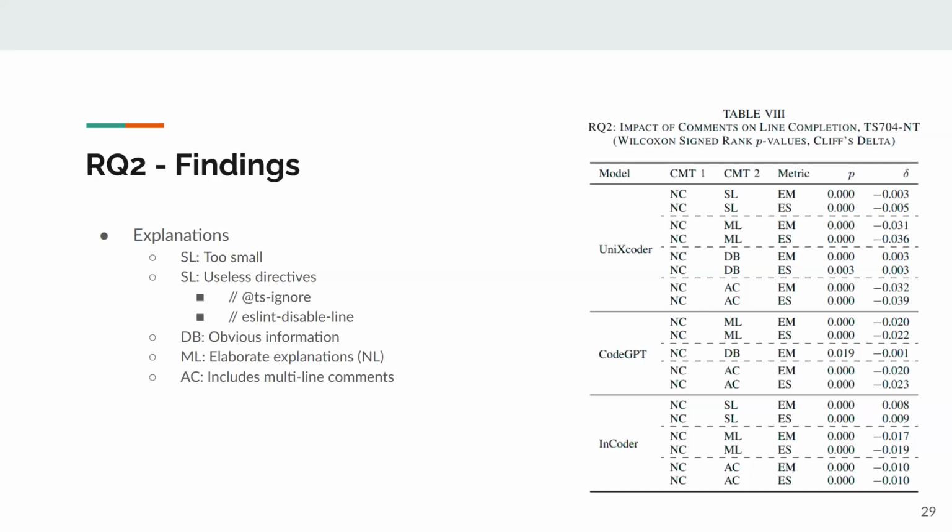As for doc blocks, as you can see in the table on the right, the doc blocks only have a very small effect, if they have a significant effect at all. So based on this, my conclusion would simply be that the information contained in doc blocks is obvious. Because if you name your variables well, thinking back to the picture I showed in the first slide, then it should be quite evident what a variable or a parameter should do.